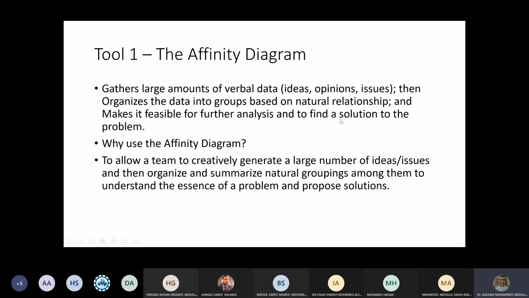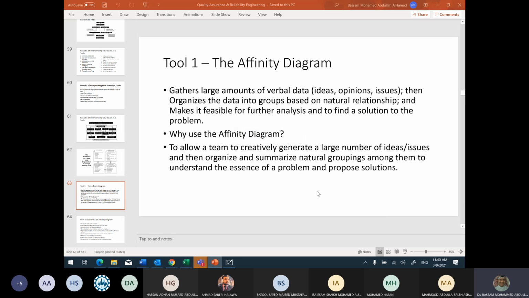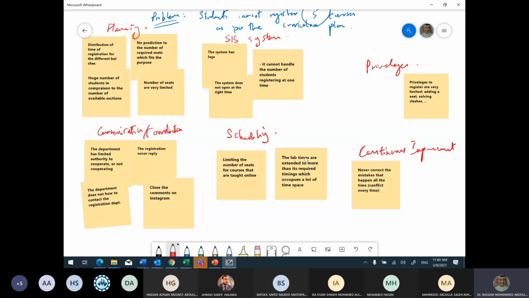We did not find the solutions yet, but we already did all the steps that we need to do. The only thing left is to do some further analysis to find the solution. And finding the solution could be very related. Related in what sense? I have a problem with the SIS system. What is the solution? I need a higher bandwidth for the system that has lags.